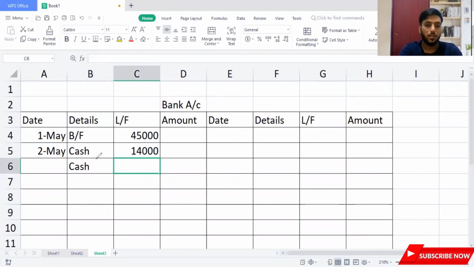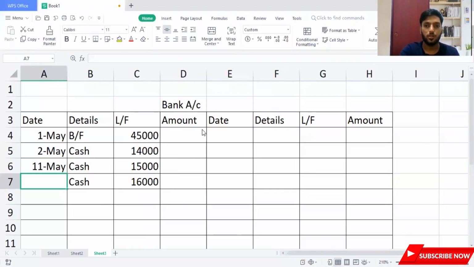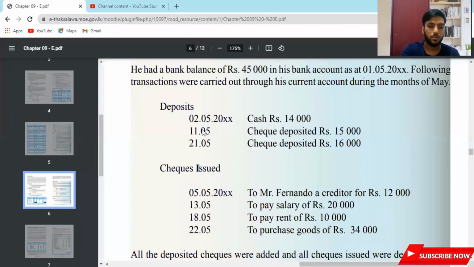So cash 15,000, date 11/5. Then I have another check. What is the amount of the check we have received? 16,000. So I'm going to record 16,000 on the debit side. The date is going to be 21st of 5th.